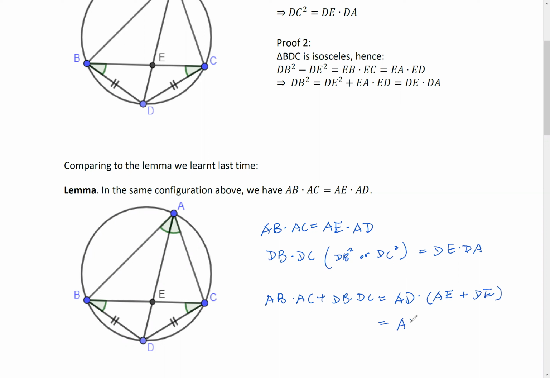This is basically AD times AD, so AD squared. That's an interesting property. So basically it's saying that AD squared minus DC squared, for example, equals AB times AC.